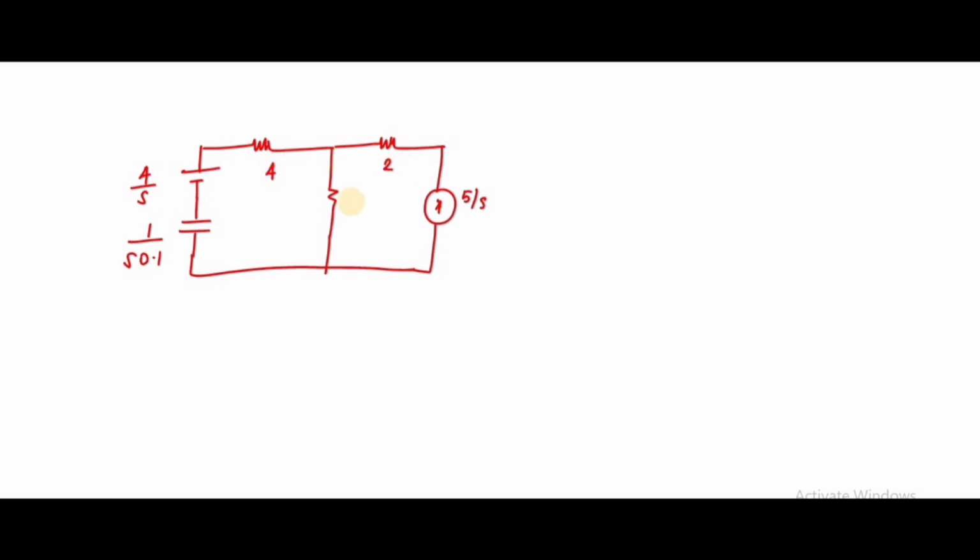The current flowing through this one is 5 by s, and I can take this one as I1, so this is 5 by s minus I1.